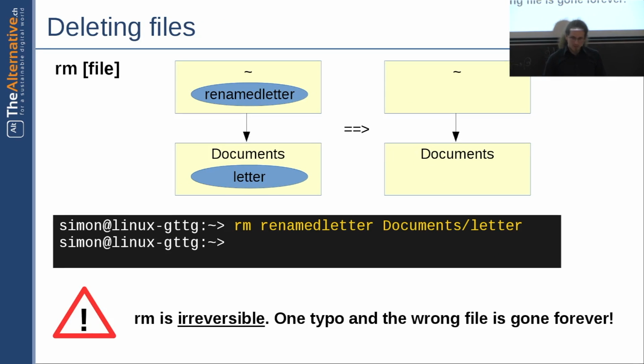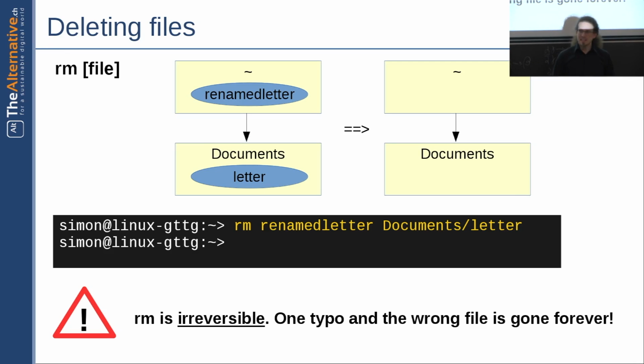A couple of notes about rm. We saw rm already a couple of times. If you rm something, it's gone forever. There is no recycling bin for rm. Also, if you remove something accidentally because of a typo, it will be gone.